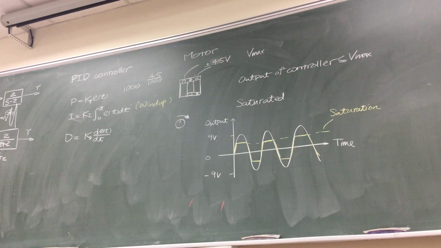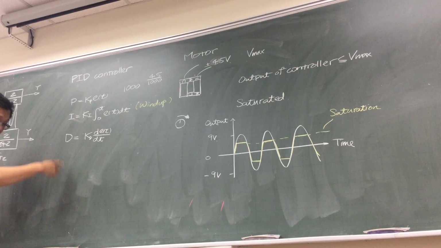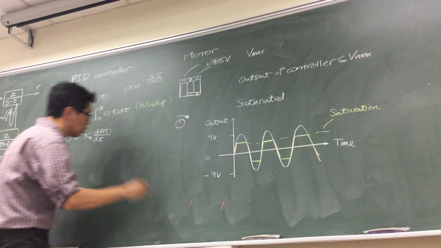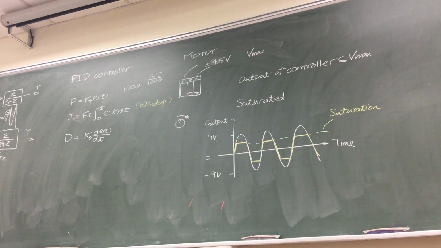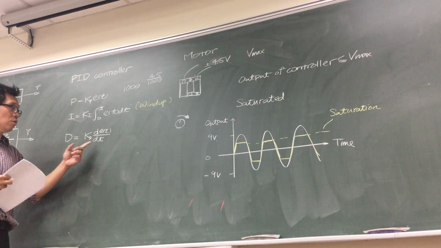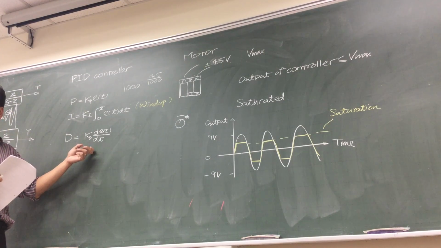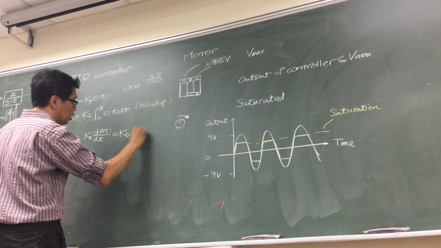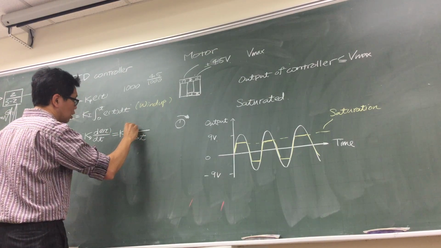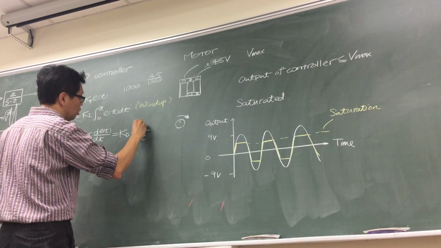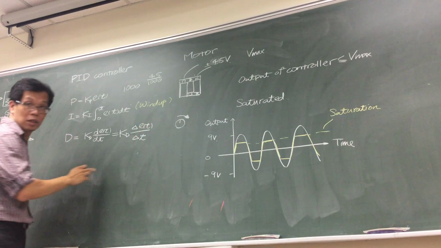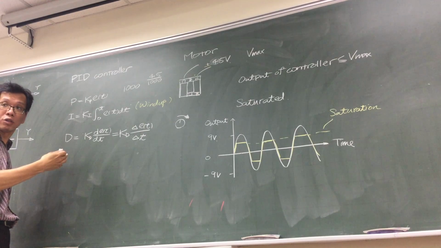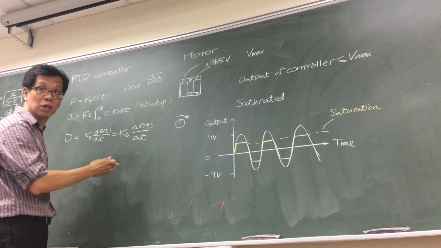And if you do differentiation for the D controller, keep in mind when you are using microprocessor or using MATLAB, you cannot actually do differentiation. What we're going to do is KD delta error over delta T, right? We cannot do differentiation. We can only do delta over delta.